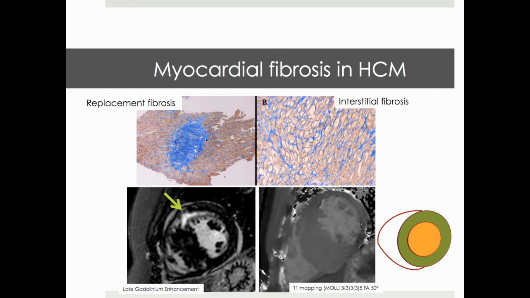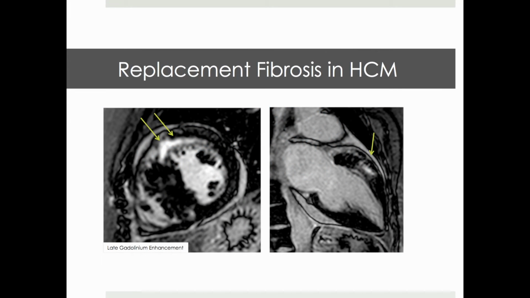Myocardial fibrosis in hypertrophic cardiomyopathy is of two types. Regional replacement fibrosis can be visualized with late gadolinium enhancement, whereas diffuse interstitial fibrosis can be detected by means of T1 mapping. Replacement fibrosis can be visualized in about 60% of patients with hypertrophic cardiomyopathy as bright intramyocardial, non-ischemic hyperenhancement.